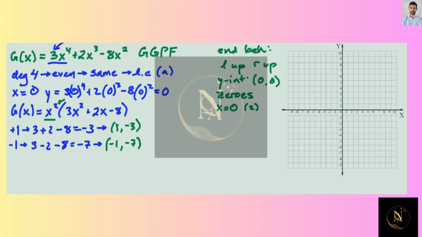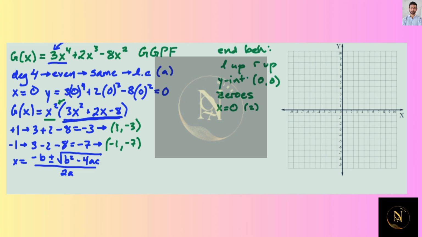Okay, so this leaves us with another option, because we're looking at just this 3x squared plus 2x minus 8. I'm going to use the quadratic formula to solve this. This should feel familiar. x equals the opposite of b, plus or minus the square root of b squared minus 4ac, all over 2a.